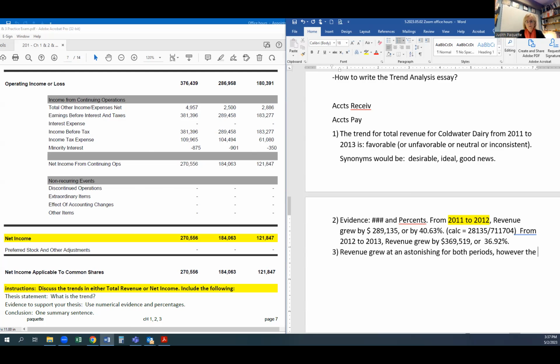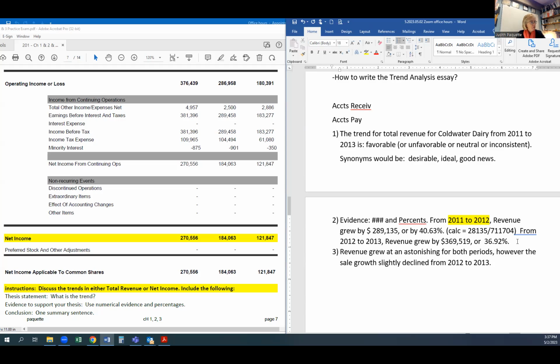However, the sales growth slightly declined in 2013, let's just be consistent, from 2012 to 2013.